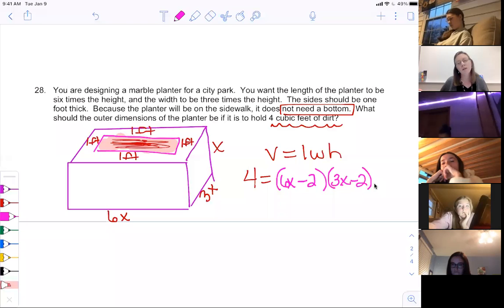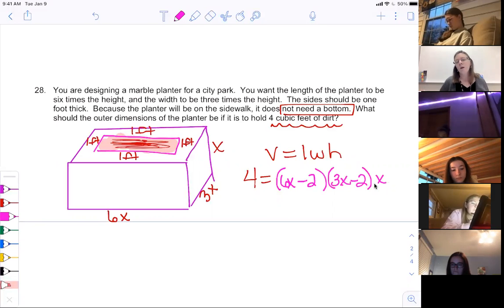And then finally, what's the height, Faith? X. Yeah, and it's just x because we're not subtracting anything. The height of this goes all the way to the bottom and it's sitting on the sidewalk. It doesn't have a 1-inch thick base. So that's why the height is just the value of x. Any questions with writing that? Nice job, Faith.